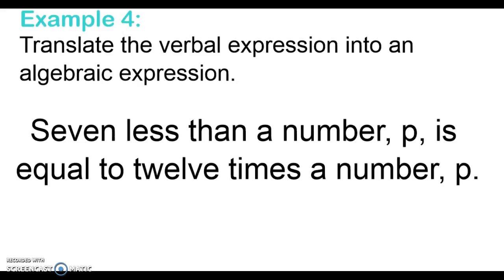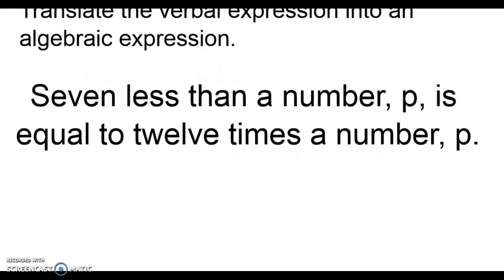All right, let's take a look at what you did. This one's a little sneaky, but let's take a look at it. We have the words less than, and we said earlier less than means subtraction. We have is, which means equals, well, actually it says is equal, so that's even easier. And it's equal to 12 times a number p.